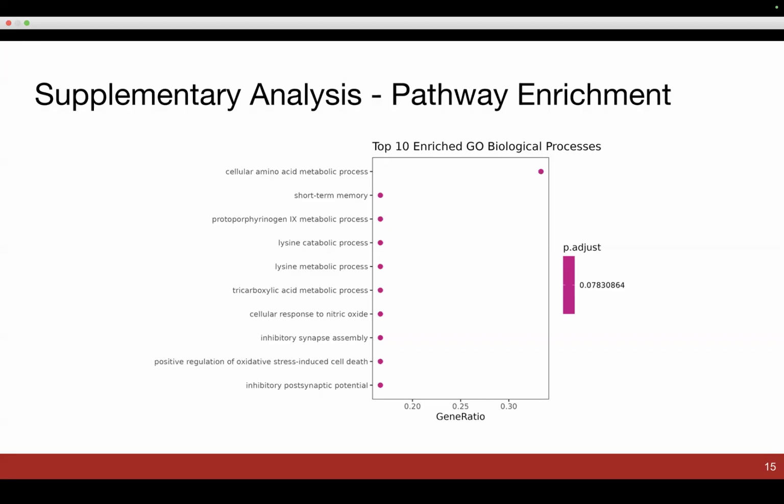We do see a bunch of pathways, but it's harder to provide further classification of those pathways. So we made a graph of the top 10 enriched pathways, and those are all statistically significant at the p-value of 0.1. And this is only a supplementary analysis.